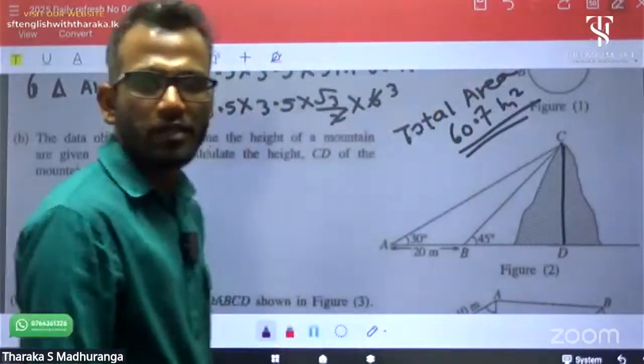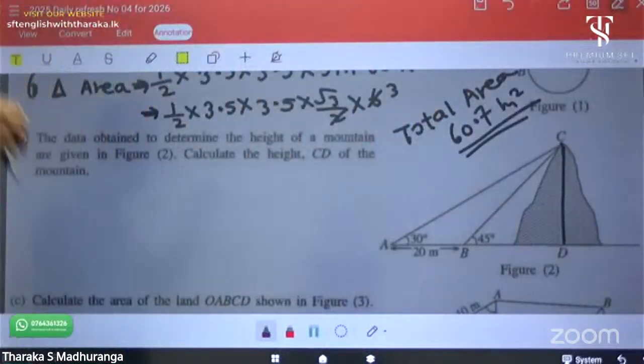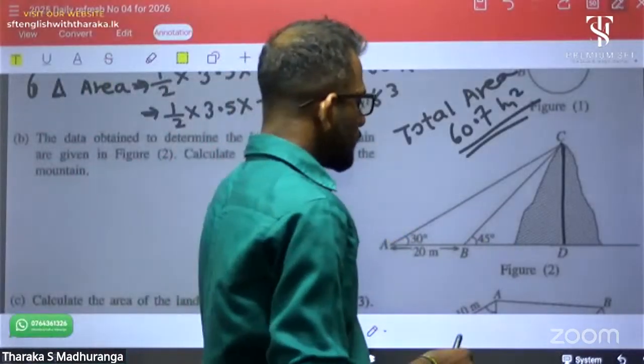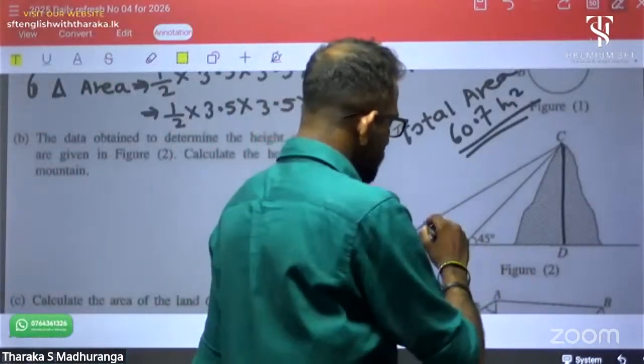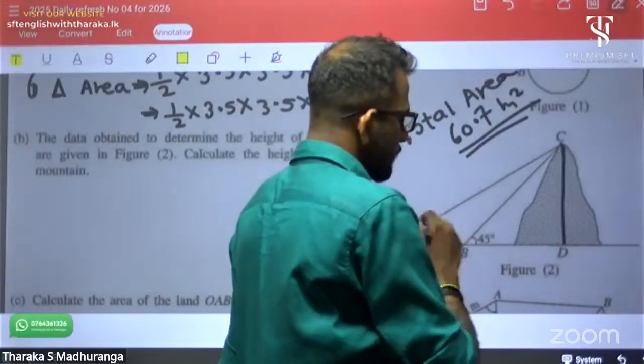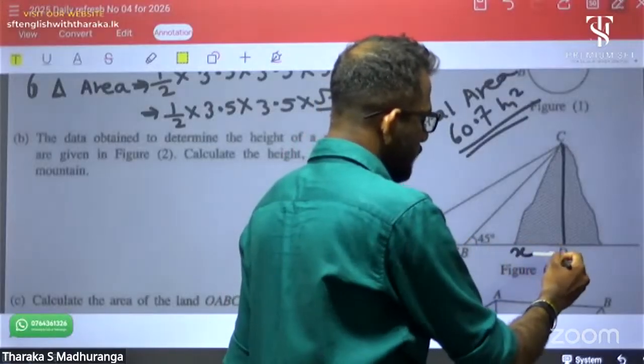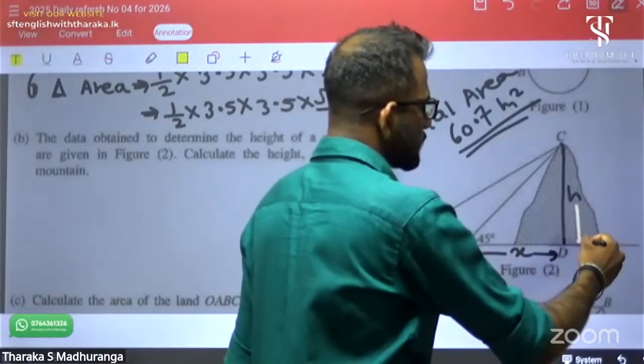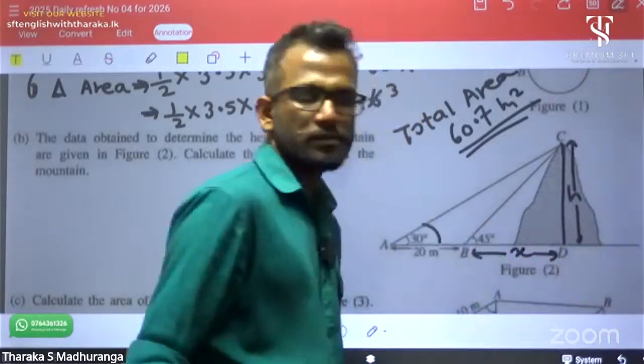CD is the height of the mountain. Okay, angles are given and AB distance is given. First of all, this is 30 degrees. Think it is X. I don't know X. Think I want H. CD is equal to H.